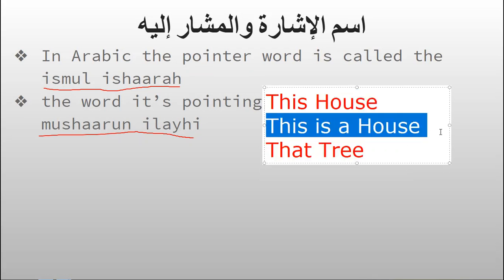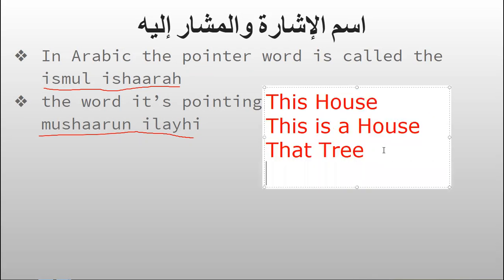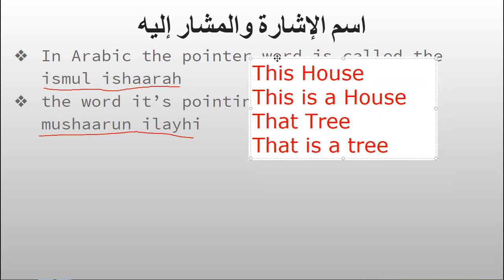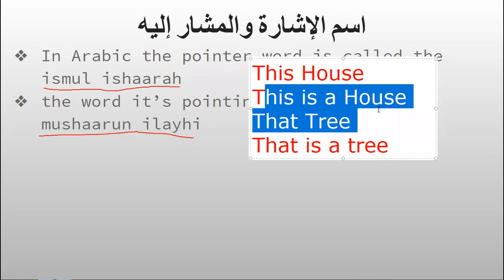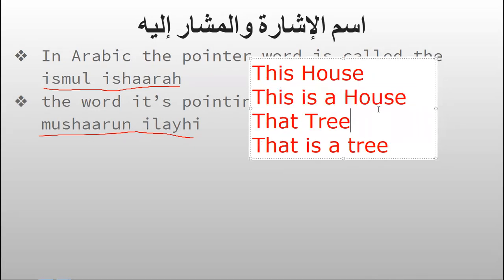This is a house is a sentence. That tree is a fragment. That is a tree becomes a sentence. So like English, Arabic is also the same. You can make a sentence with Ismul Ishara and you can make a fragment with Ismul Ishara. Right now we are going to learn how to make a sentence and how to make a fragment with Ismul Ishara.